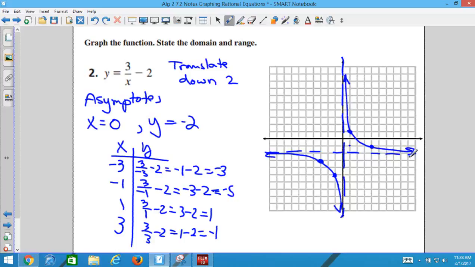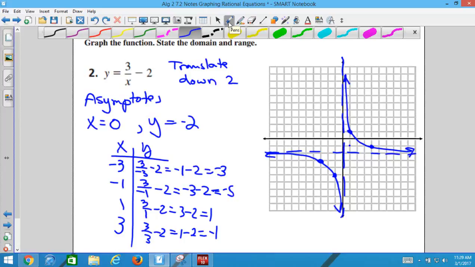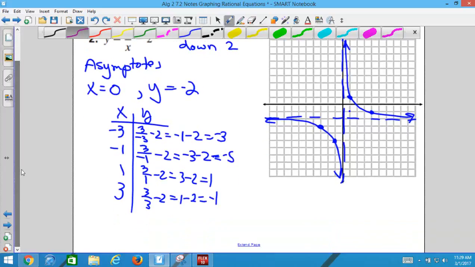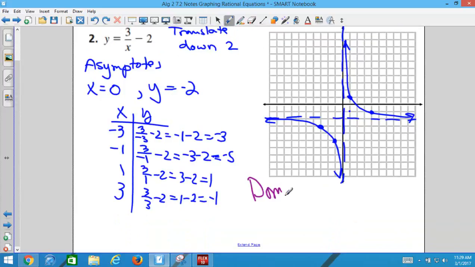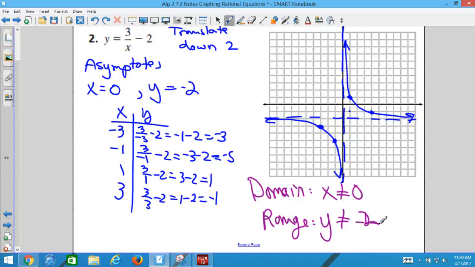Then we have to write the domain and range. The domain and range are the same as the asymptotes, but with not equal to. So my domain is x is not equal to 0. And my range is y is not equal to -2. It's the exact same as the asymptotes. You just put not equal to.